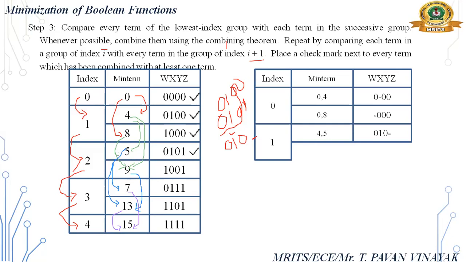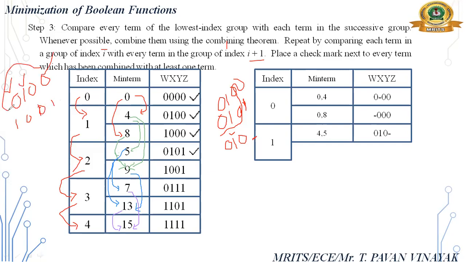Next comparison is 4 and 9. Observe, does 4 and 9 have a single change? No. We have many changes in 4 and 9. See, 4 value is 0 1 0 0 and 9 value is 1 0 0 1. This one is changed, this one is changed, this one is changed.